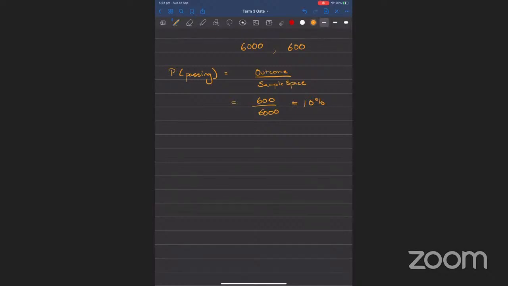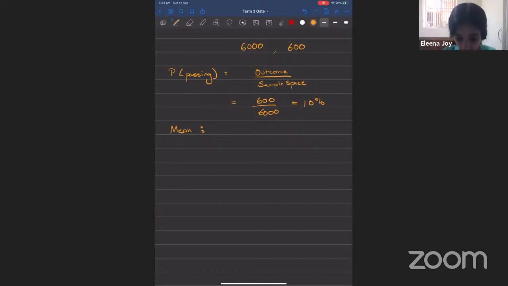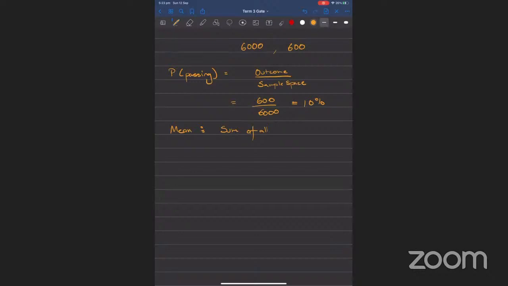Next, let's see. Ooh, mean, median, and mode. Does anyone remember how you find the mean or the average? All right, Aiden? You add all the numbers that you have, and then divide by how many numbers you have.